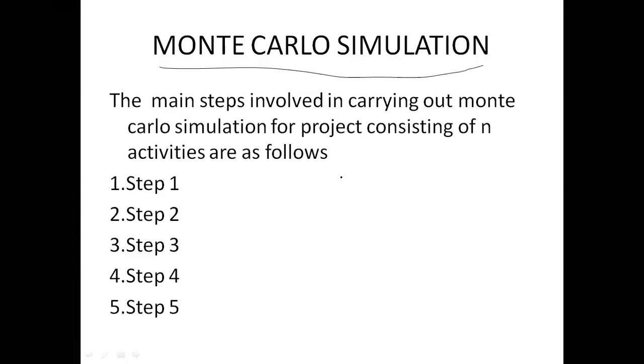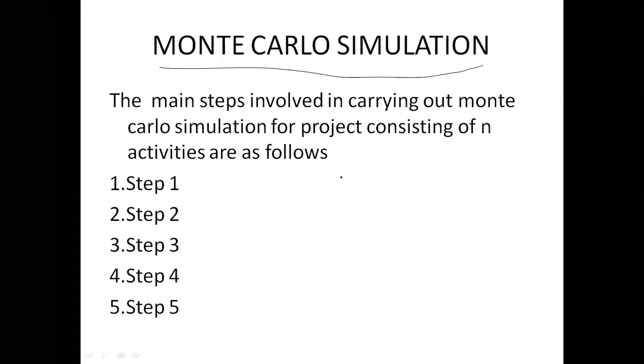The basis of this technique is the calculation of event times for a project network a large number of times, each time selecting activity times randomly from a set of estimates for each activity. The results are then tabulated, summarized and displayed as a graph.